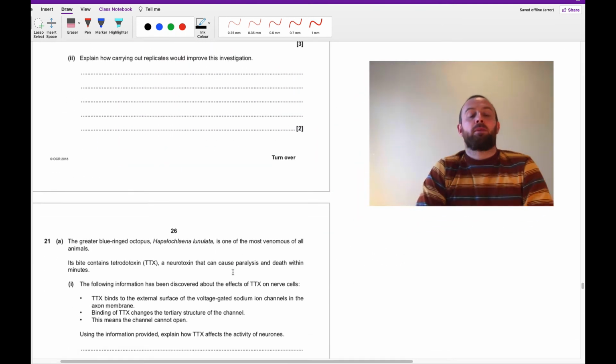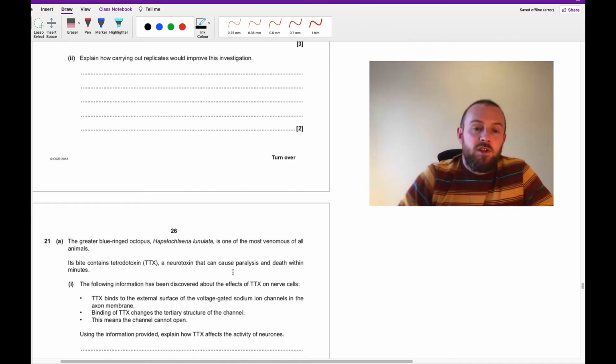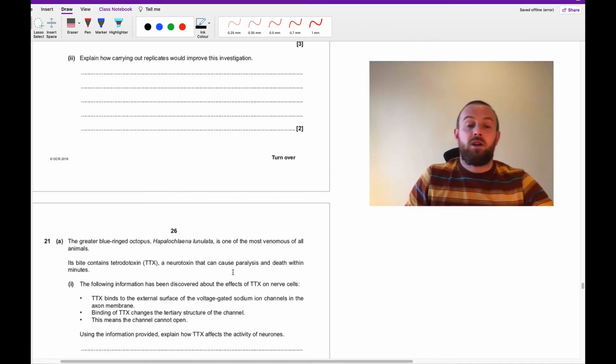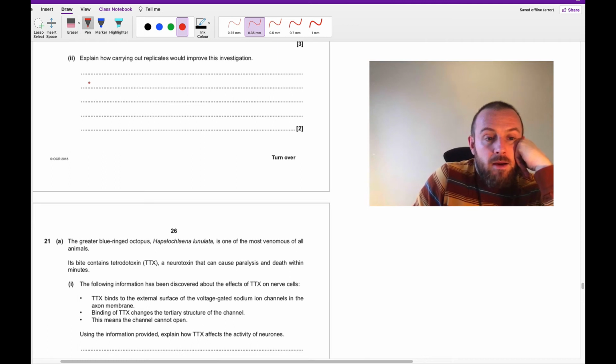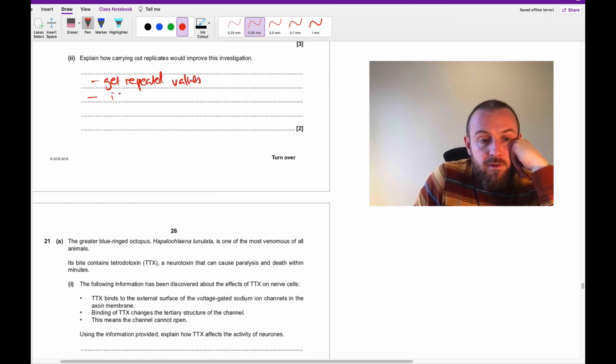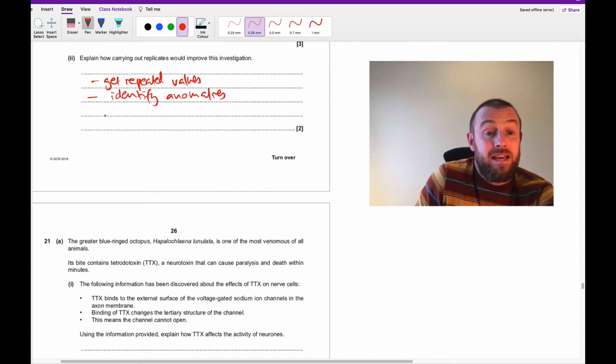Explain how carrying out replicates would improve this investigation. So anytime we introduce replicates, we can get repeated values, identify anomalies, and calculate a mean.